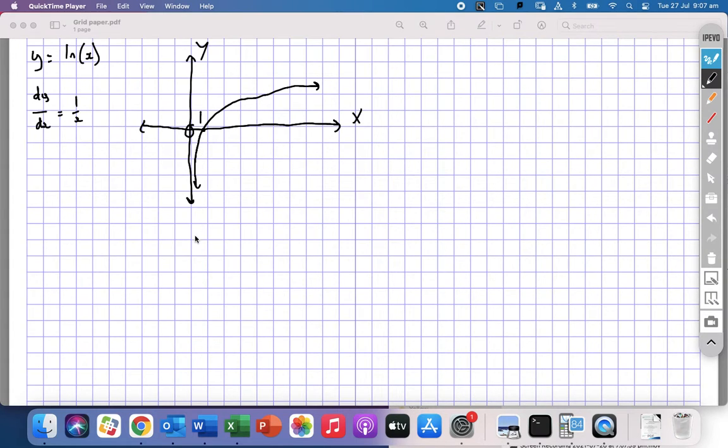So if I was graphing the derivative, at that point I'd need to be up here somewhere, right?